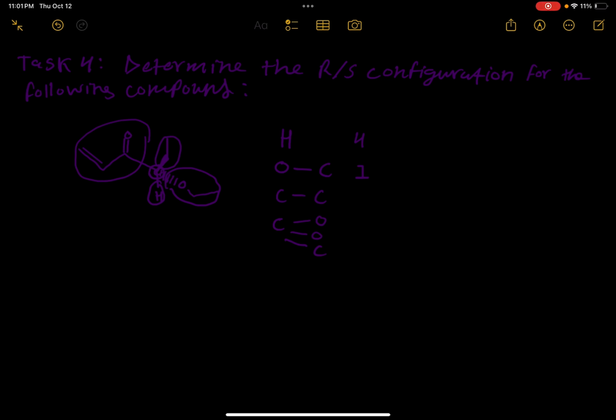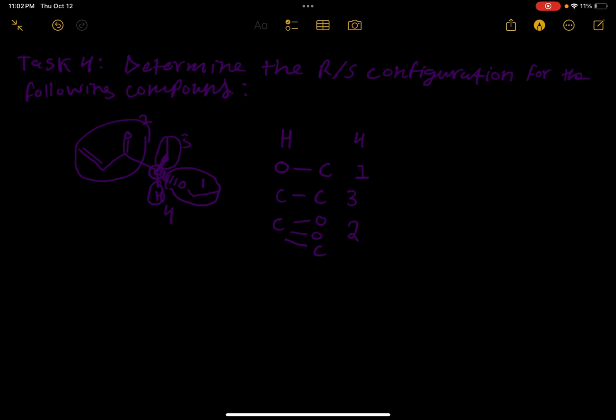And C with the 2 oxygens and another carbon would be 2. And this would be ranked as the third. So now we can number them. So 1, 2, 3, 4.